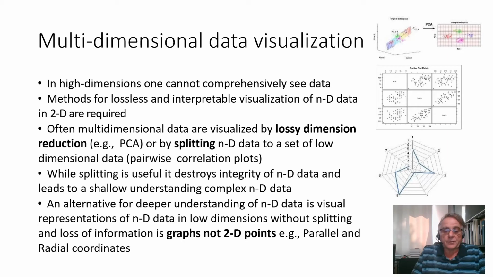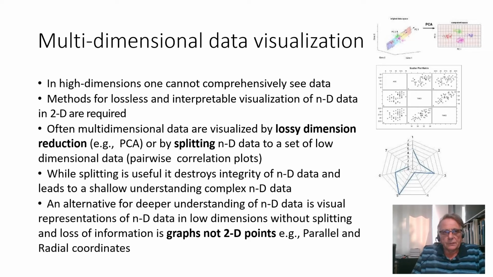Principal component analysis is a classical example. It only shows the first 2 principal components, even if these principal components cover 90% of the variability of all attributes. It's still only 90%, and that's not always the case.